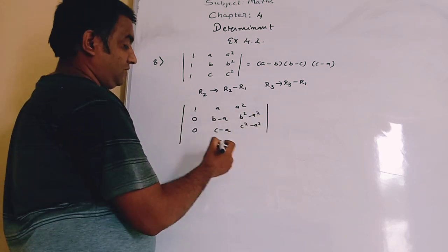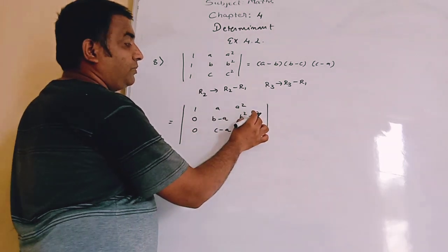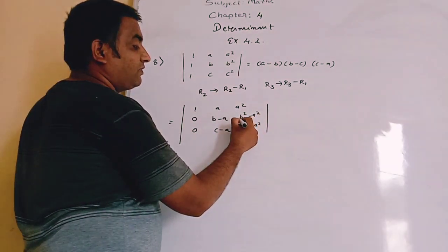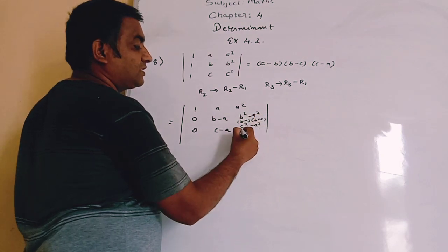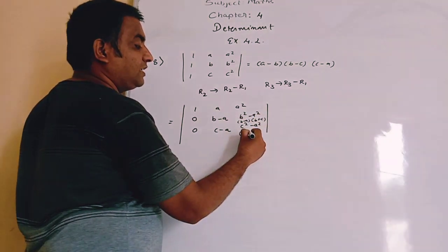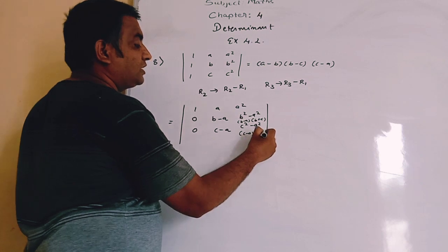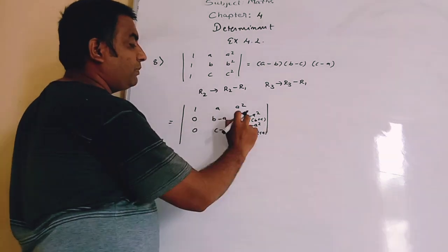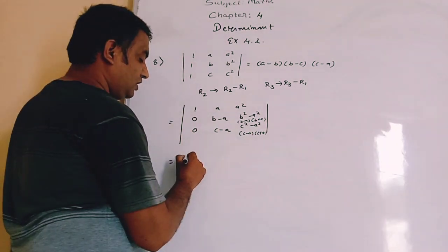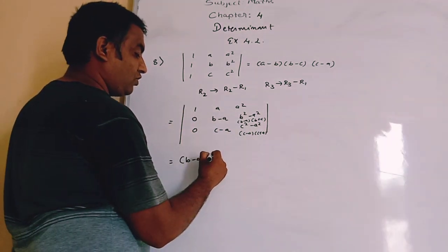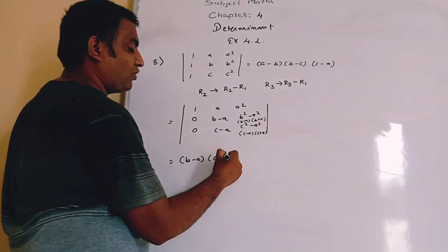So here b square minus a square factors we can write b minus a times b plus a, and c square minus a square factors we can write c minus a times c plus a. So the second row contains b minus a common, the third row contains c minus a common. So from the second row b minus a common, third row c minus a common.